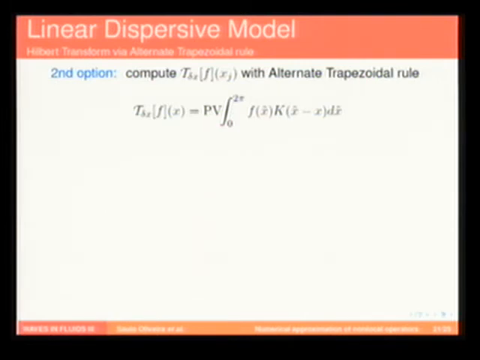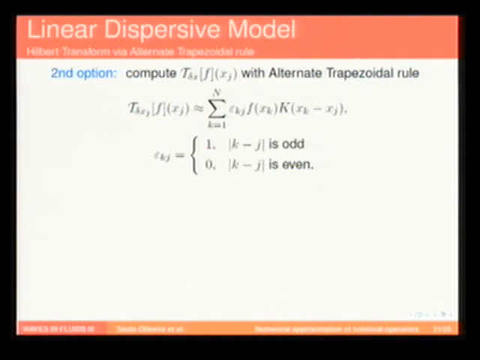And if we discretize this singular integral by the alternate trapezoidal rule, this kernel, we still have to consider what is the appropriate kernel in this problem. We haven't thought of this yet. But the discretization is very well known, at least by the alternate trapezoidal rule.